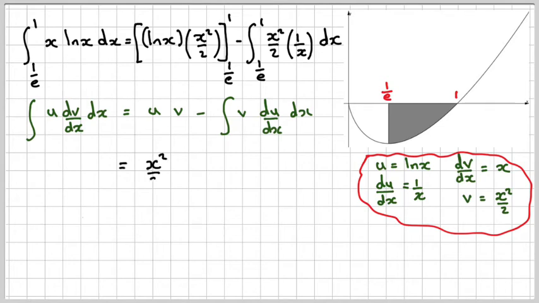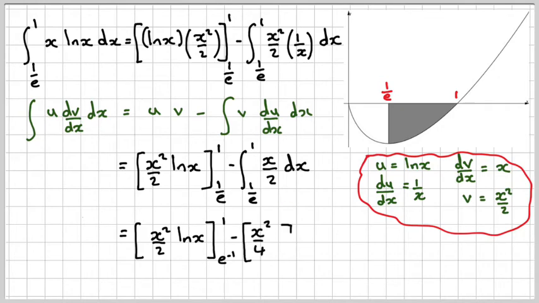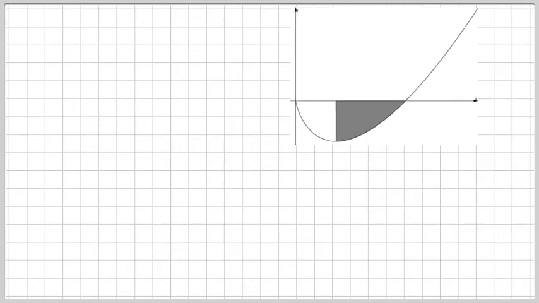So that will give me x squared over 2 ln of x from 1 over e to 1, minus the integral from 1 over e to 1 of x over 2. The x's here will cancel. I think it would be easier if we just write this as e to the minus 1 when we substitute in. And then when we integrate this, we get x squared over 4 from e to the minus 1 to 1.